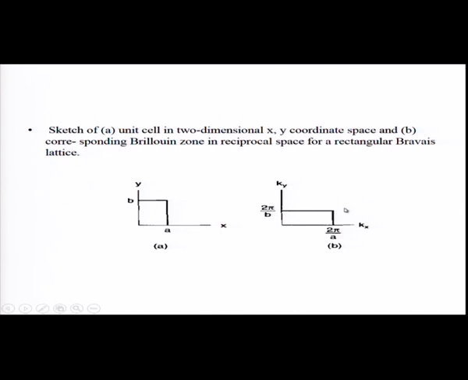The Brillouin zone for kx is 2 pi by a and for ky is 2 pi by b. So, the first diagram refers to the unit cell in 2 dimensions, and the second diagram refers to the Brillouin zone in reciprocal space.